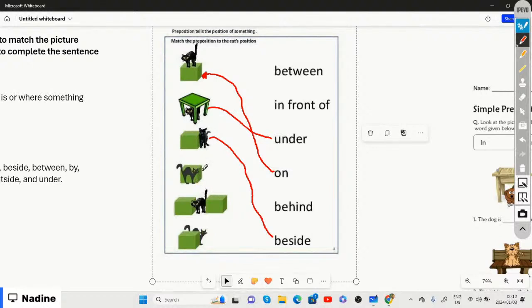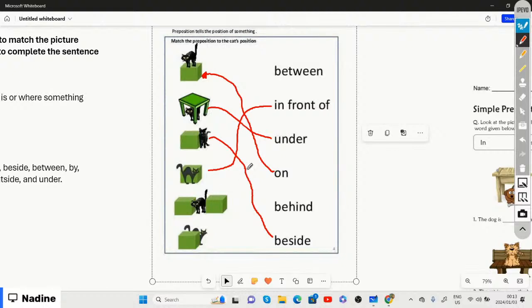Then here we can clearly see the cat's position to the box, and that is in front of, right? So the cat is basically in front of the box or standing in front of the box. And then we have two boxes and we have the cat in the middle.